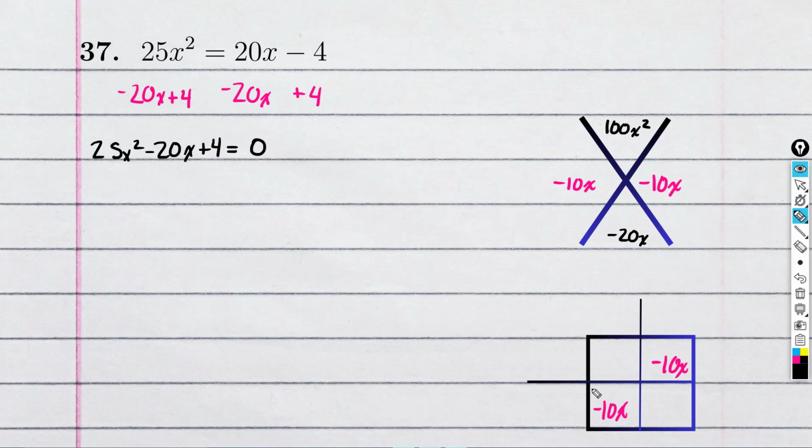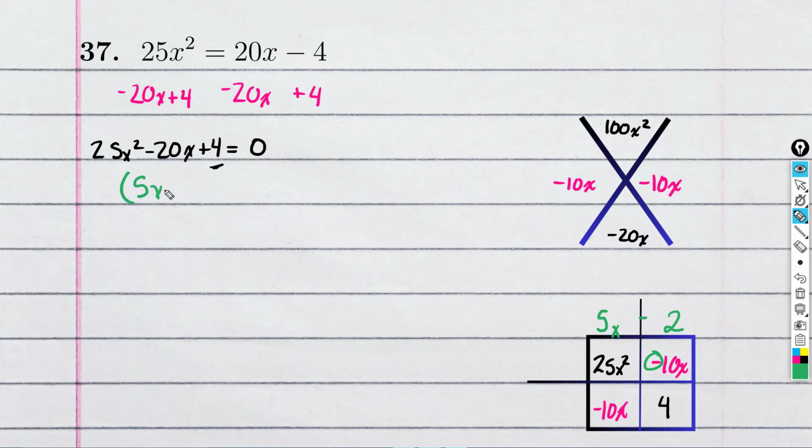And then move up from the original problem, 25x squared. And the 4 goes here. So the factor that is in common in the first column is a 5, and they both have an x. 10 and 4 are both divisible by 2. Closest sign is negative.